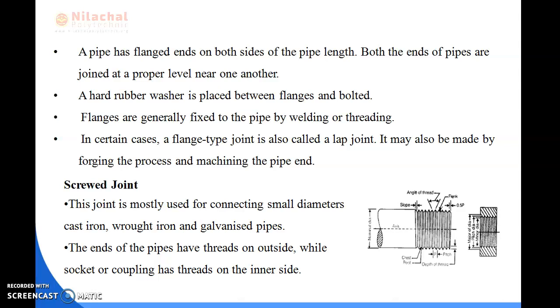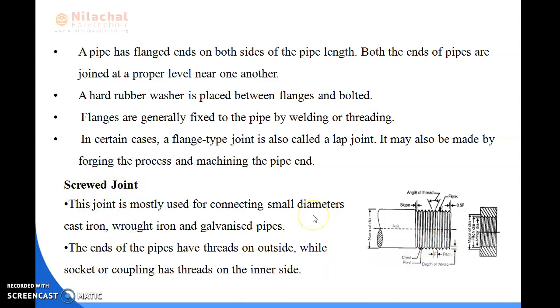You can see here the images I have shown. So this is known as the screwed joint.